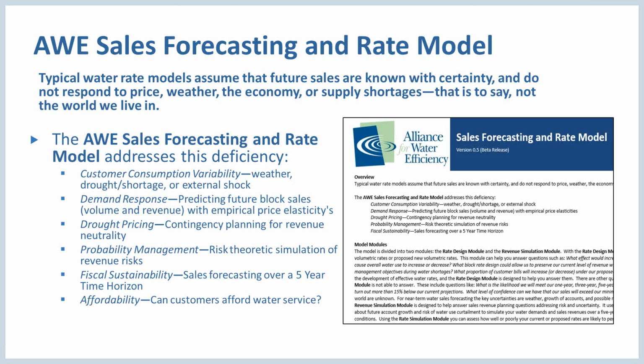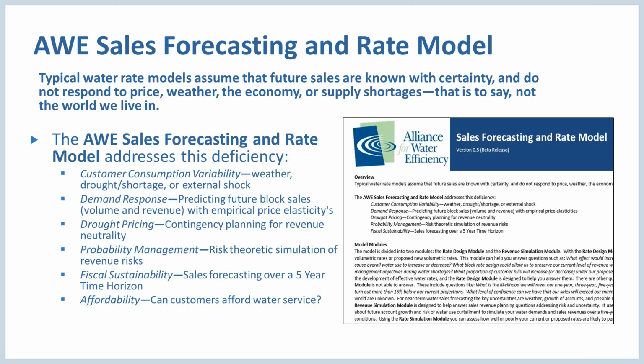So specifically, this model is set up to address this. It addresses customer consumption variability, demand response, the predictable changes in sales, and how customers respond to changes in the real price of water. It also has a very sophisticated section for planning revenue-neutral water rates during water shortages.